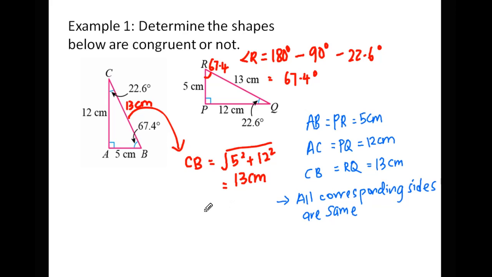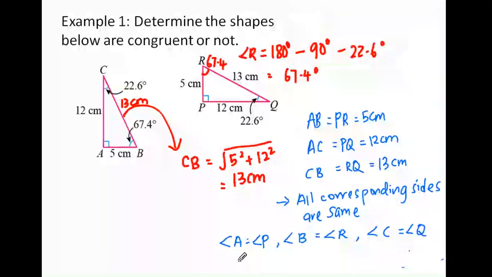Now we check the angles. Angle A is the same as angle P, angle B is the same as angle R, and angle C is the same as angle Q. We notice that all are the same, so we can say that all the corresponding angles are the same.